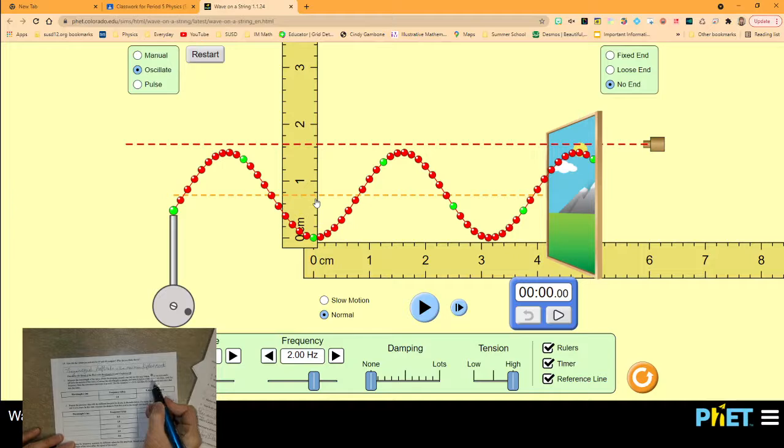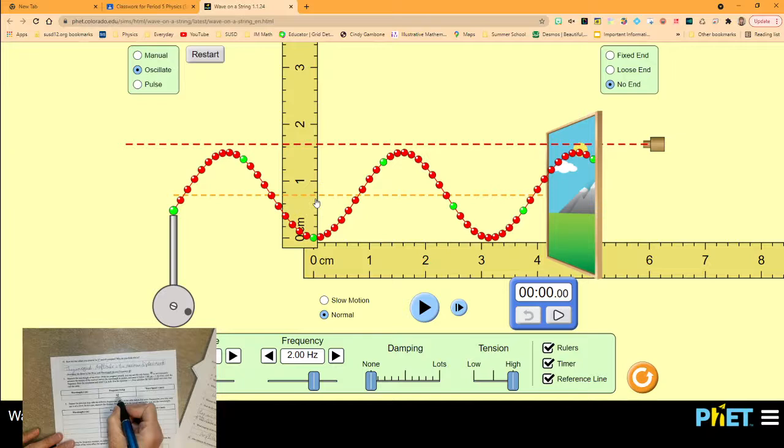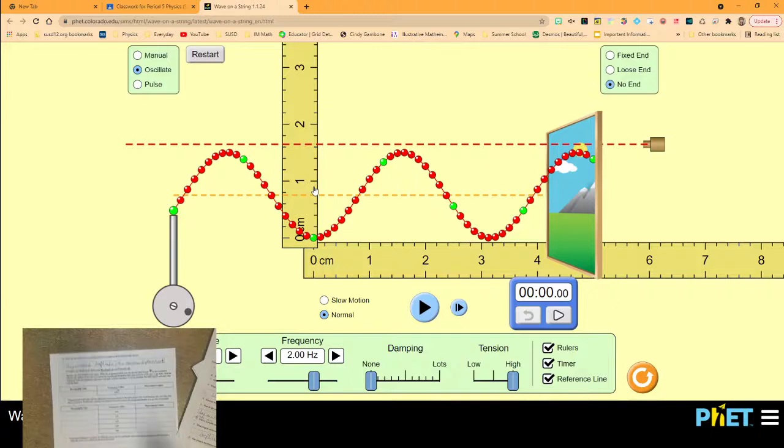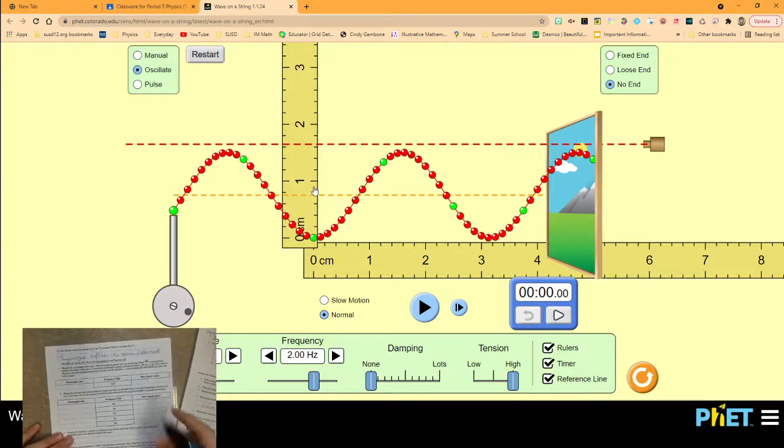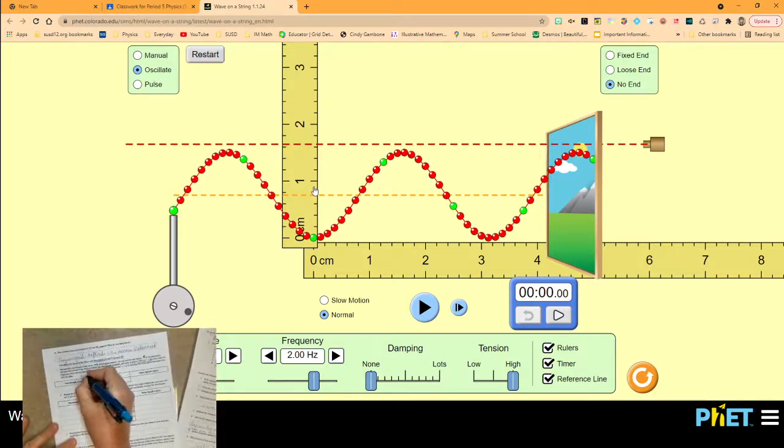Remember, 100 centimeters equals 1 meter. Also, read the frequency from the simulation and enter it as well. We already have it set with a frequency of 2 hertz, and we've measured the wavelength.